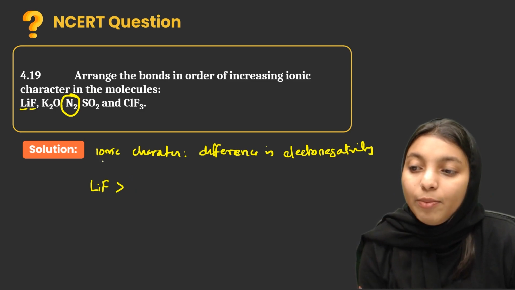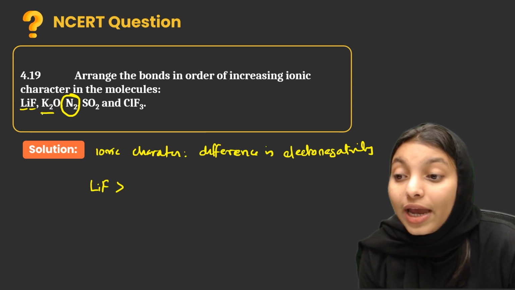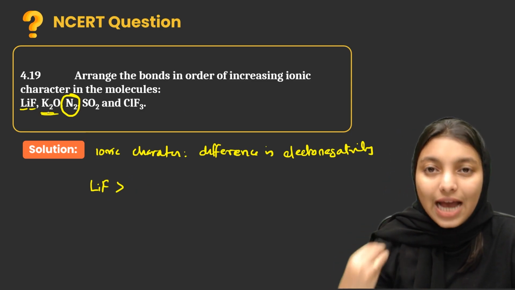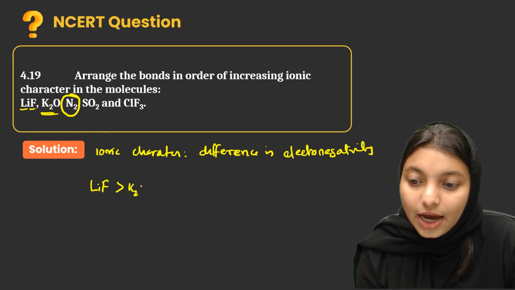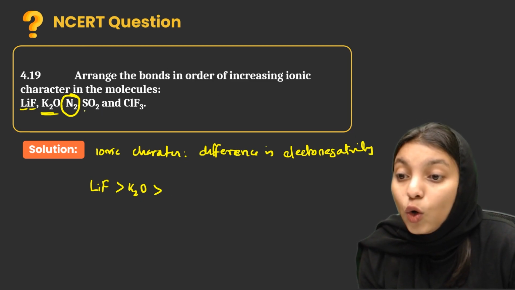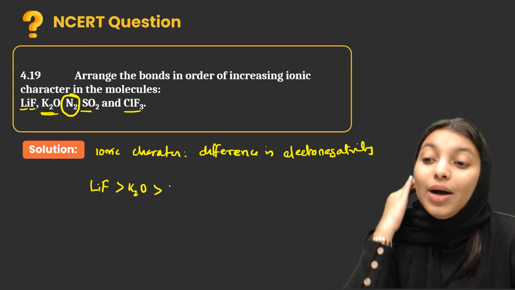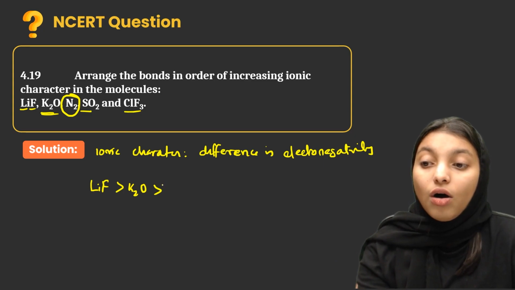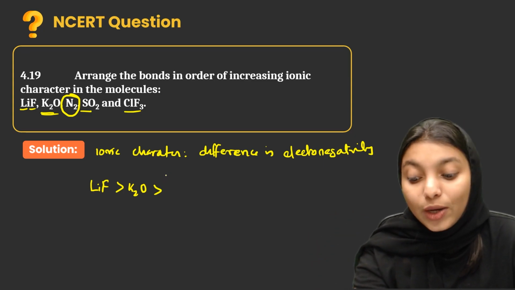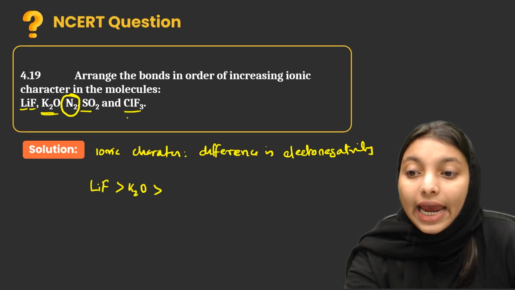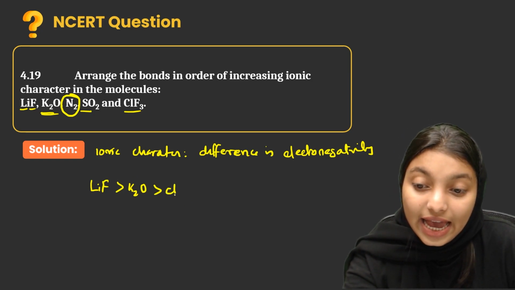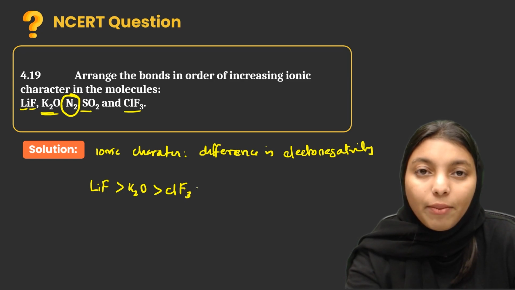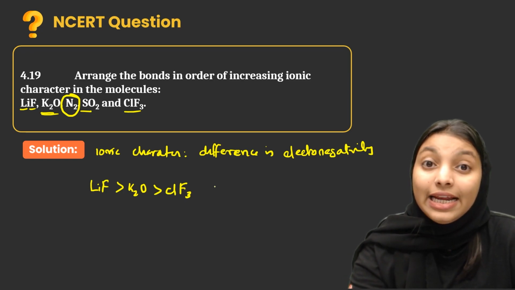So LiF will be highest, then it will go to K2O, where potassium is highly electropositive and oxygen is highly electronegative. So we can write K2O next. Then we can go to SO2 and ClF3. Among those, the larger electronegativity difference is in ClF3, because chlorine and fluorine have quite a difference in their electronegativity.